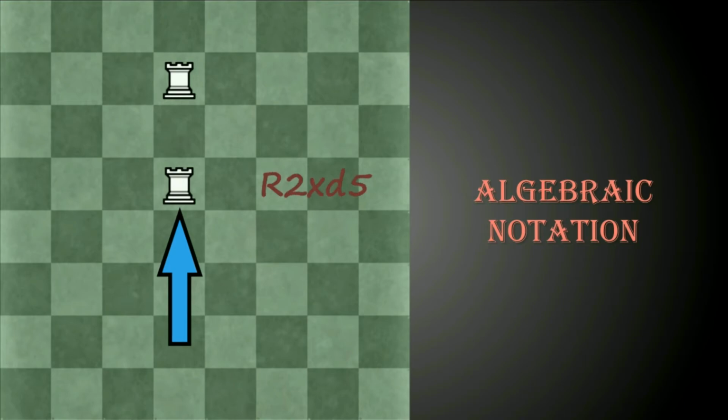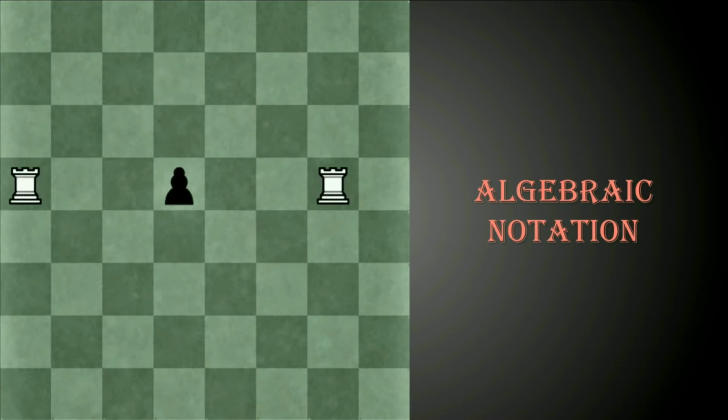On the other hand, just shuffle this position a bit. Now the rooks are on different files but on the same rank. If the rook on the a file captures the pawn, then it is recorded as Ra cross d5. So for the other rook, it is written as Rg cross d5.